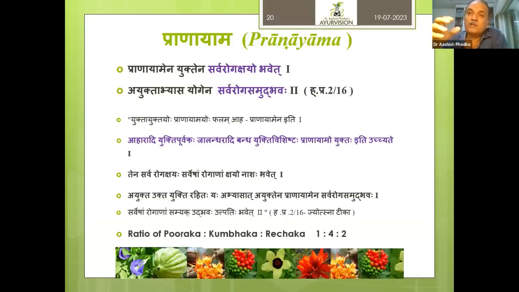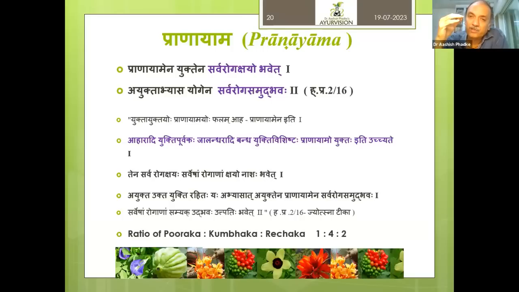If you take it on your own, by reading a particular article or just referring to some books, it can harm you, because ultimately any medicine has two things: one is effect, one is side effect. They are the two sides of the same coin. If you say I don't have side effects, then you cannot even say that you have effect.